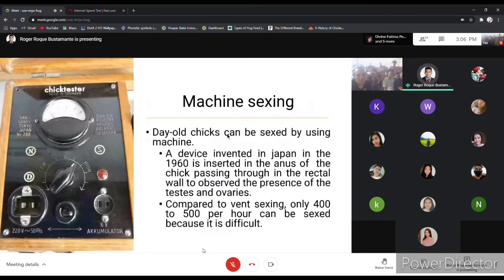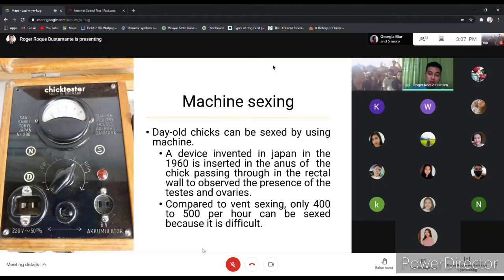So, machine sexing: day-old chicks can be sexed using a machine. It is a device invented in Japan way back in 1960, where a part of it is inserted in the anus of the chick, passing through the rectal wall to observe the presence of the organ. Compared to vent sexing, only 400 to 500 chicks per hour can be sexed because it is difficult. You are inserting a part of the machine, like a tube, into the chicks.